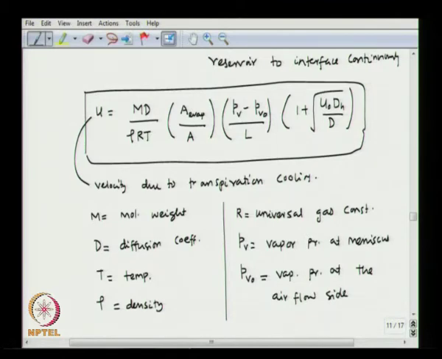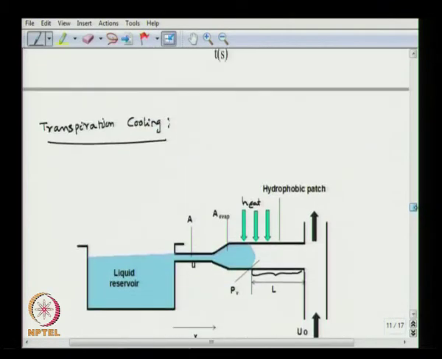And the area of the evaporator and the area of the cross section of the channel are given, and the length of the channel is also given here.